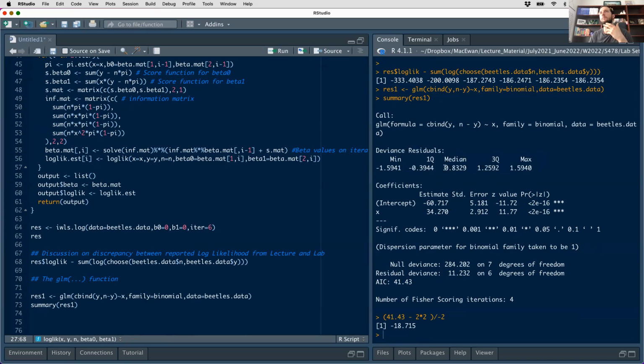But these deviance residuals can be used for model assessment, because if the trial number little n is high enough for each observation, the deviance residuals should be approximately chi-square distributed, but if we standardize them, they should be approximately normally distributed.